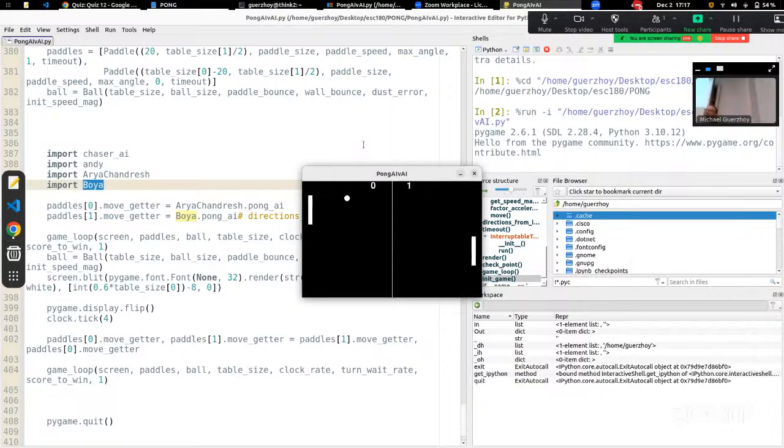I did not run it ahead of time, so I don't know how it's going to go. Of course, it goes differently every time as well. So this is just two random submissions. I did not run any seed tournament. Wow.